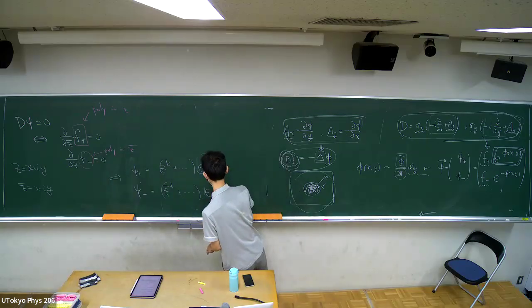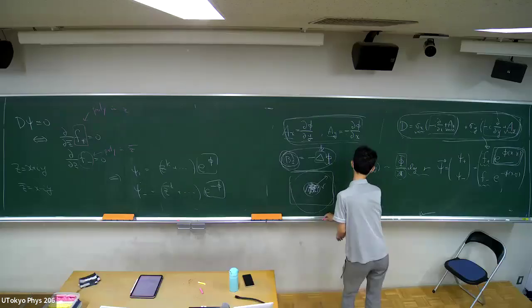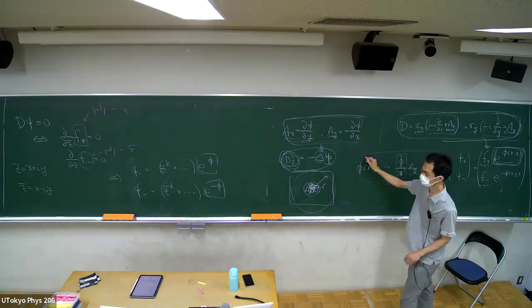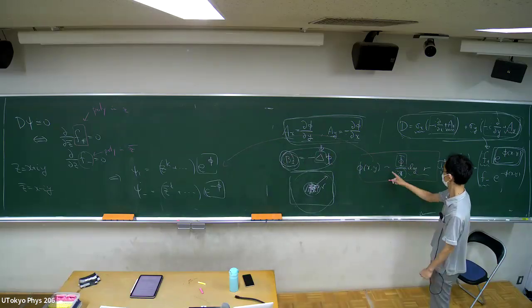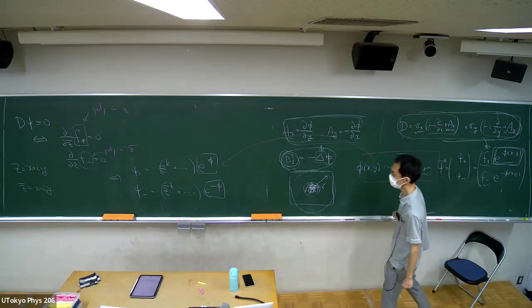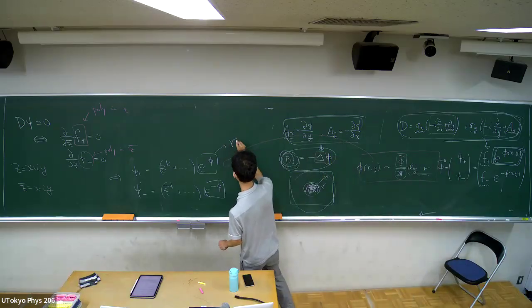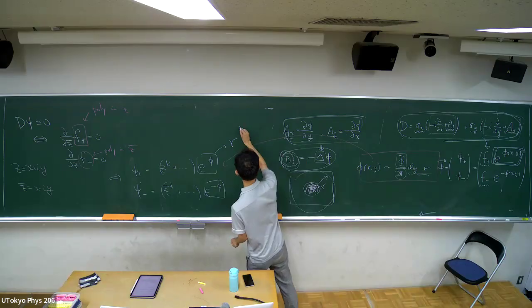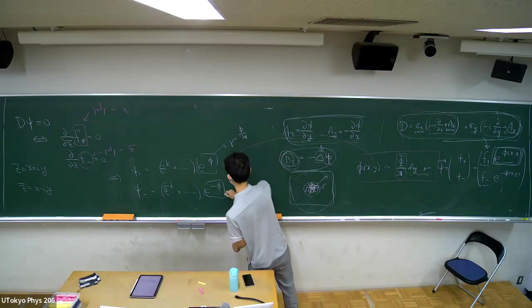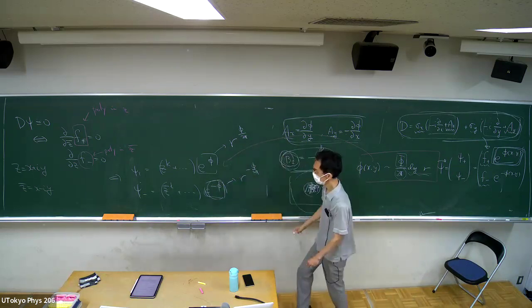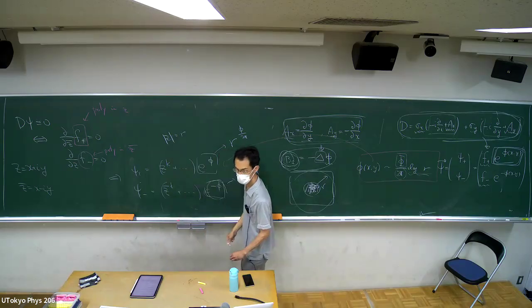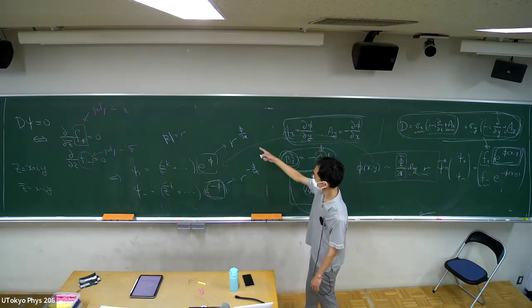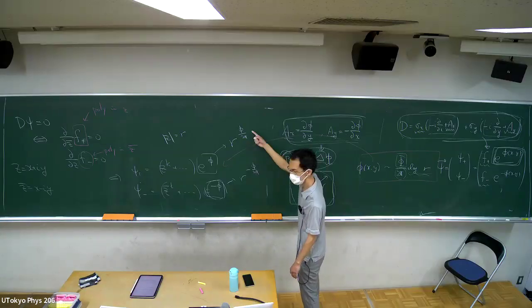Now you need to plug in this asymptotic behavior to this. Because this is log r, this asymptotically behaves like r to the power of phi over 2 pi. And this behaves like r to the minus phi over 2 pi, right? And of course, the absolute value of z behaves like r. So the behavior changes depending on the sign of phi.